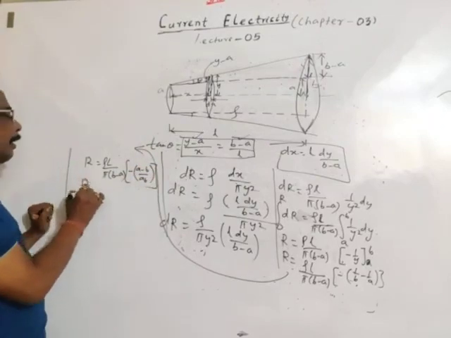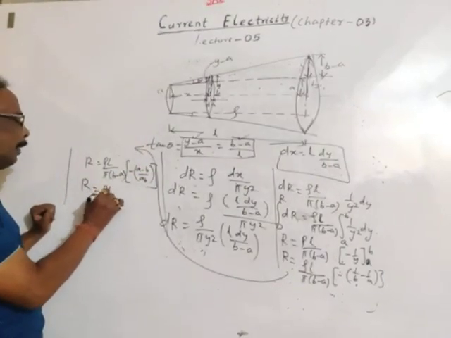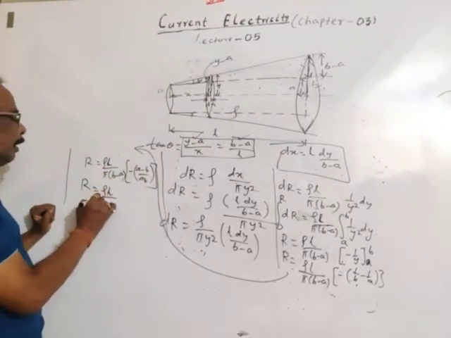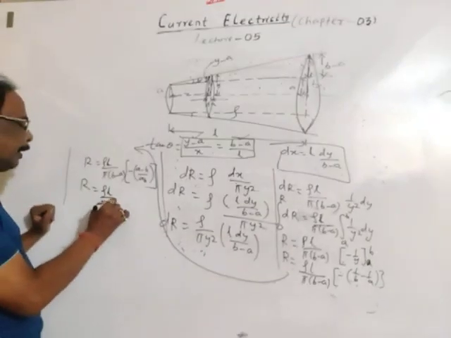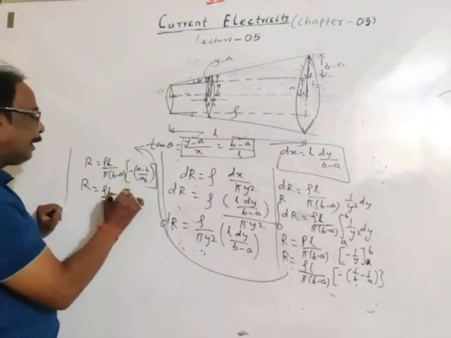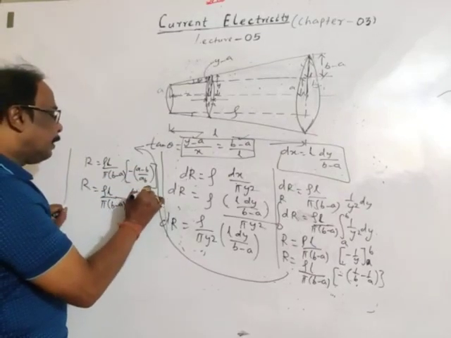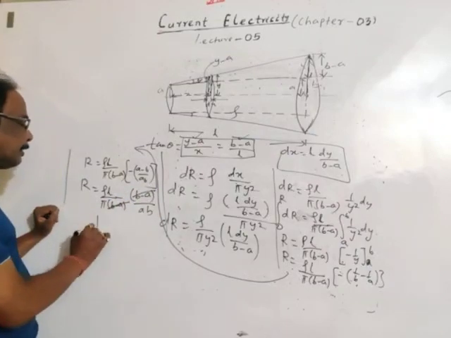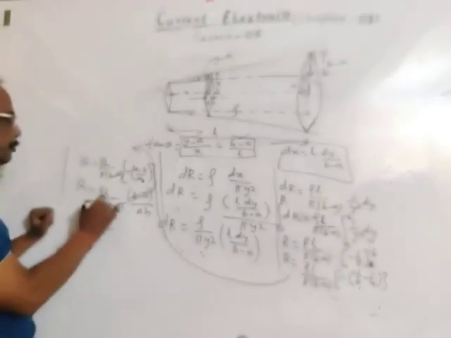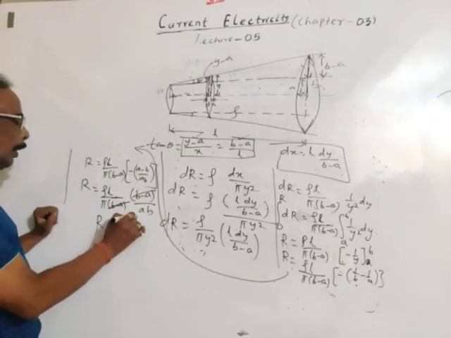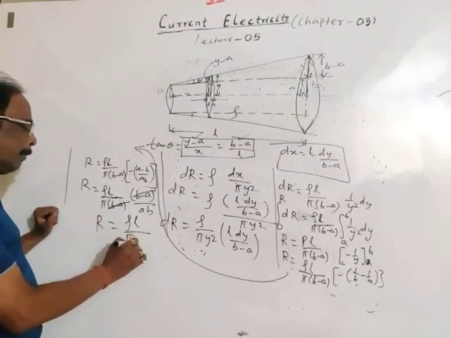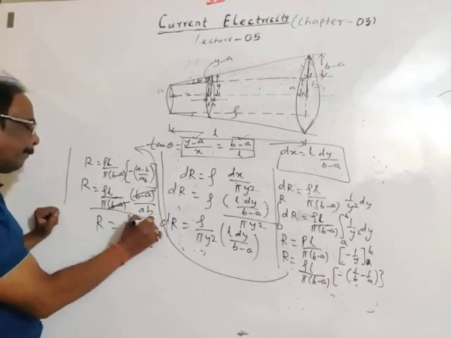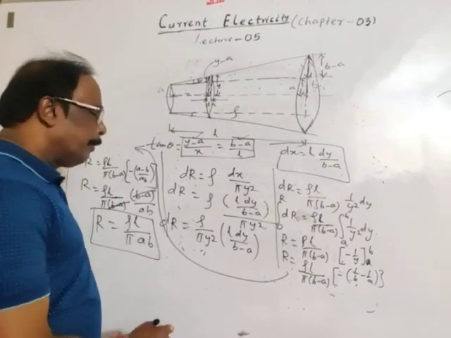Multiplying the negative, it will come as b minus a by ab. The b minus a gets cancelled. Then resistance is rho L divided by pi ab. This is your final answer.